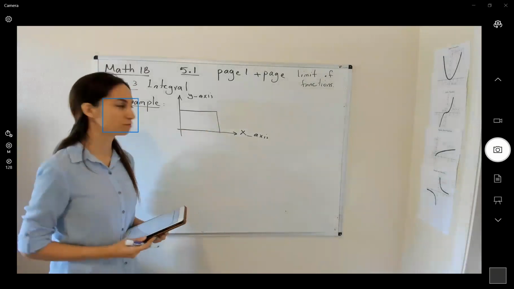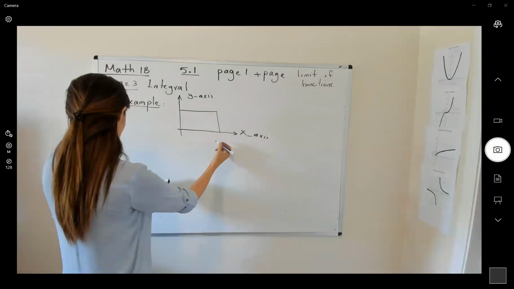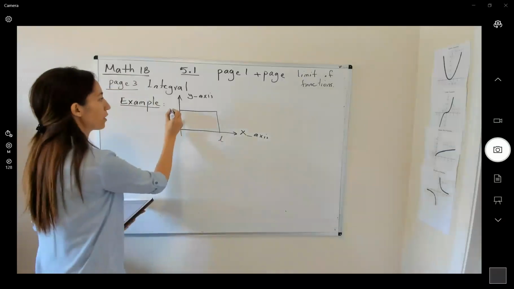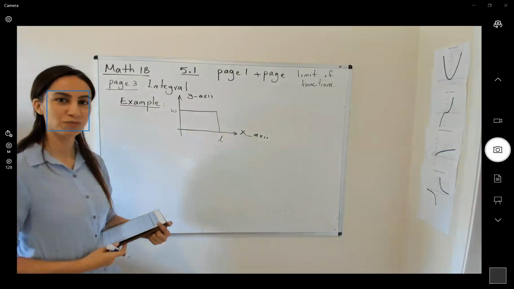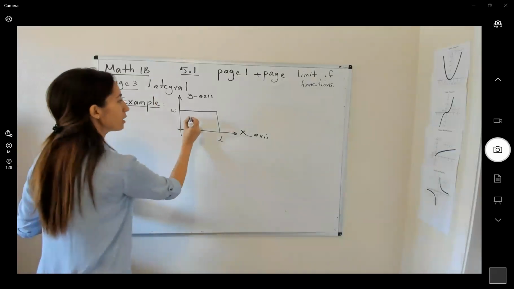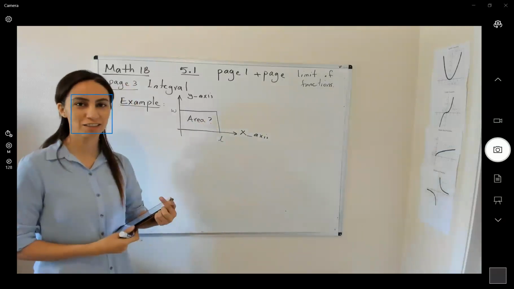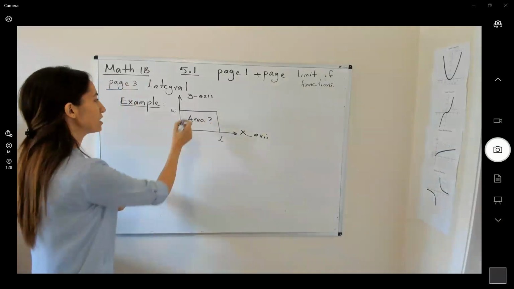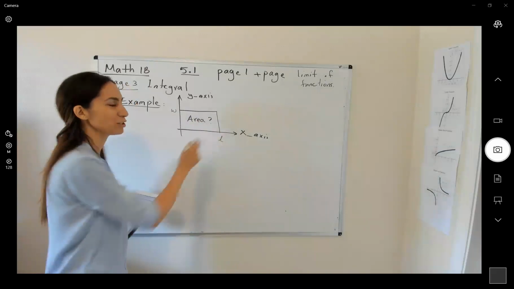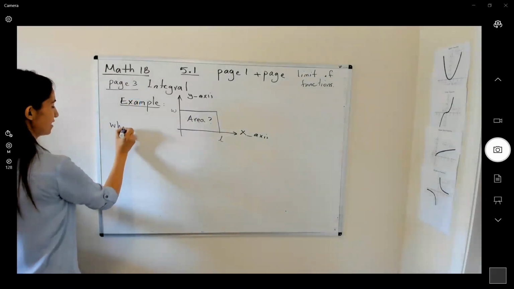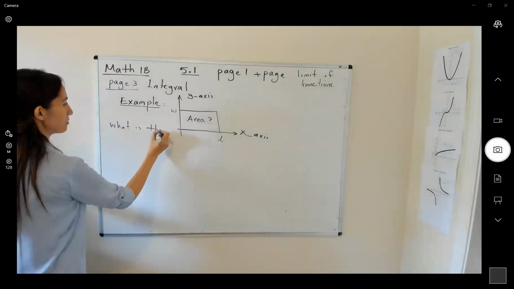a two-dimensional object. Suppose the length is, let's say, L, and the width is W. The question says, what is the area of this object? How do we find the area of this rectangular shape?